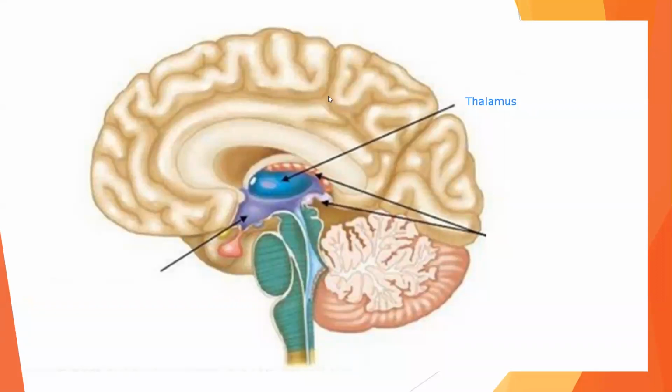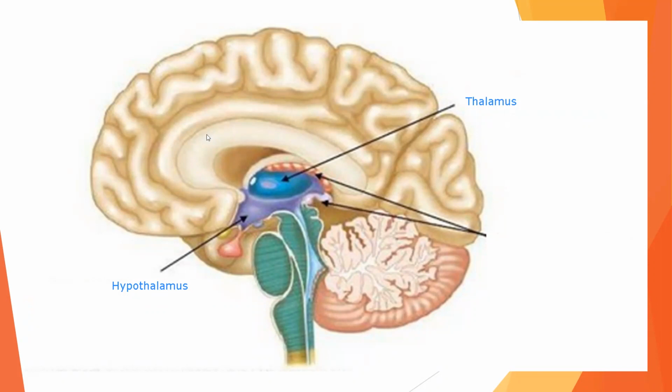Now, let us proceed to identify the two other locations or organs in the brain. So who can identify the two other areas of the brain as pointed in the image on your screen? You are correct. The first one is your hypothalamus.